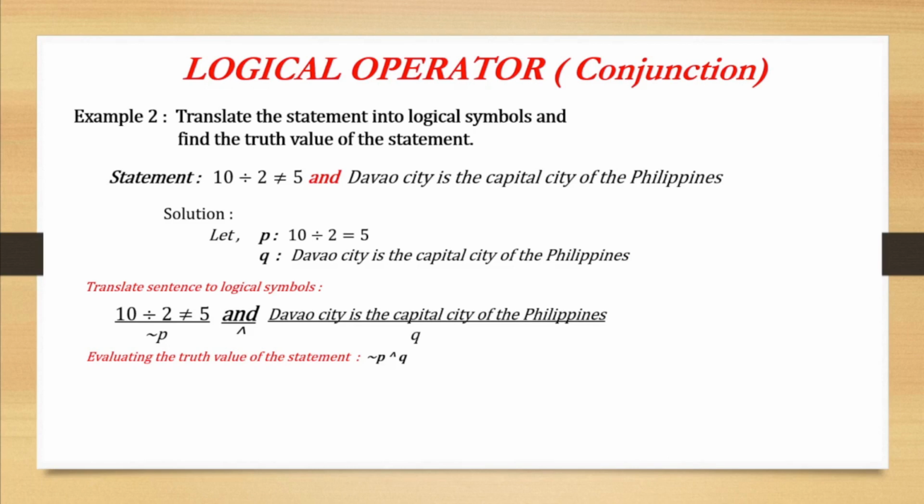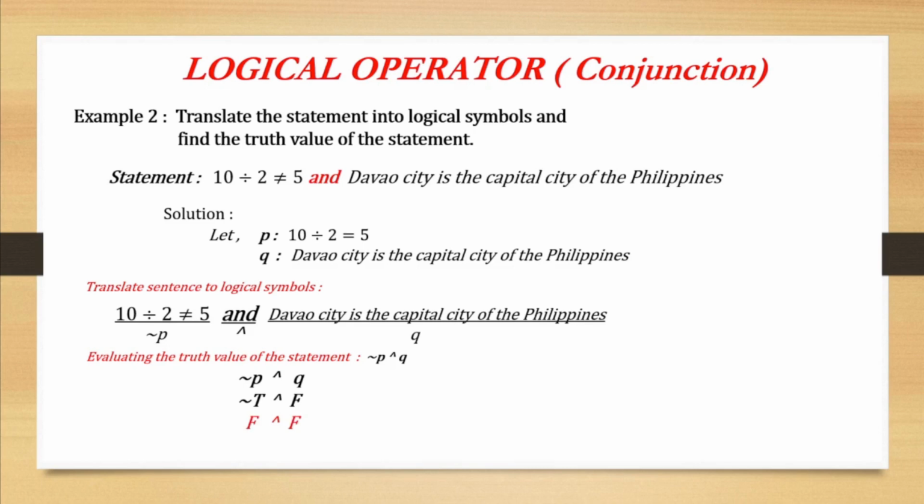While proposition Q, Davao City is the capital city of the Philippines, is false. So by plugging in, we have negation true and false. But we have to evaluate first the negation of true. So the negation of true will be false.